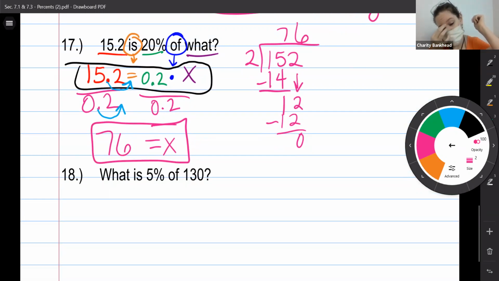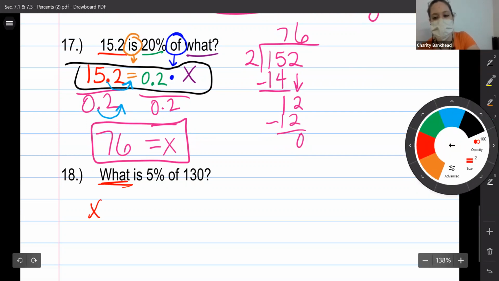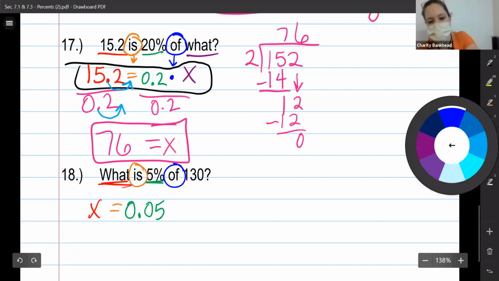Number 18 says, what is 5% of 130? So what, that would be X, is, that's equals 5%. So let's go ahead and convert that to 0.05. Of means times 130.